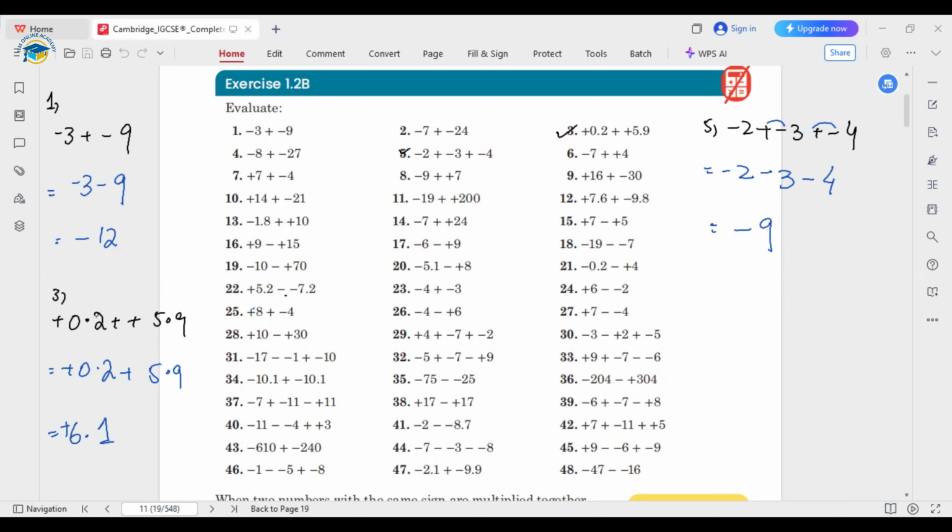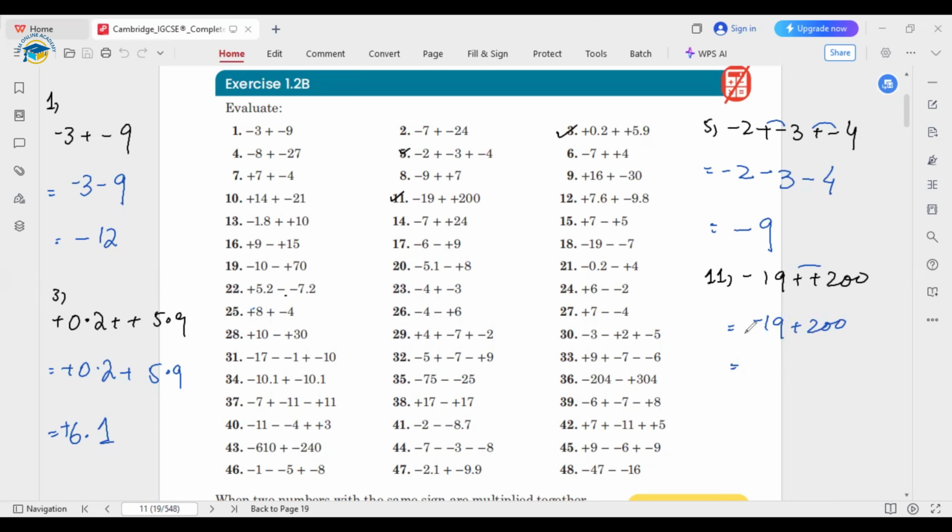Now I'm going to take some numbers randomly. Let's go on with the 11th one. In this one they gave us -19, positive 200. If we evaluate these two signs, positive negative is negative, and then we have 200.